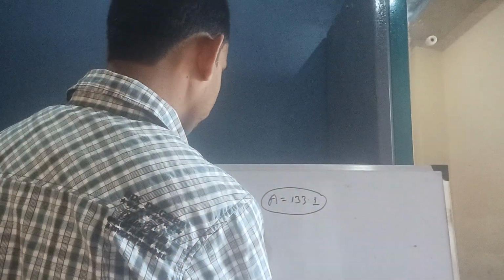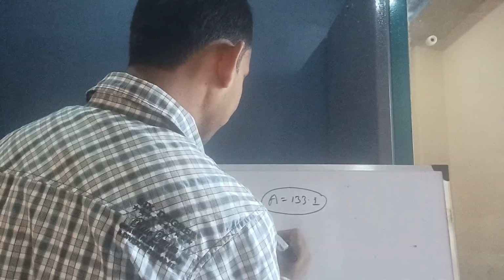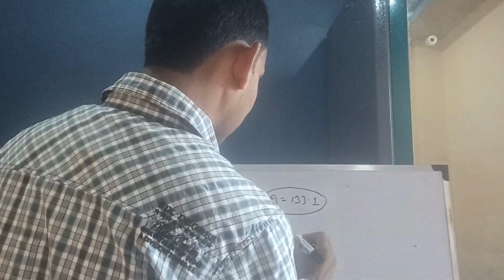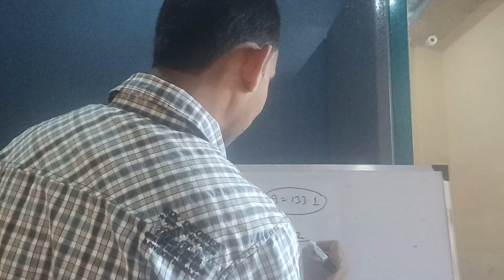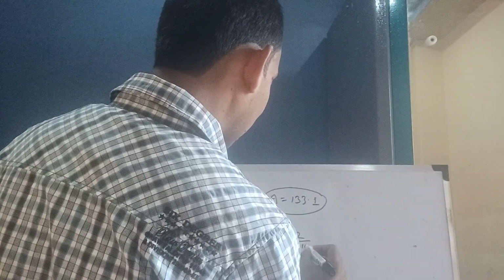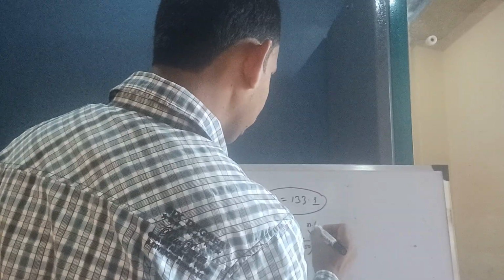Now the formula: accumulated amount after a certain period equals P into 1 plus R by N into 100, to the power N into T.